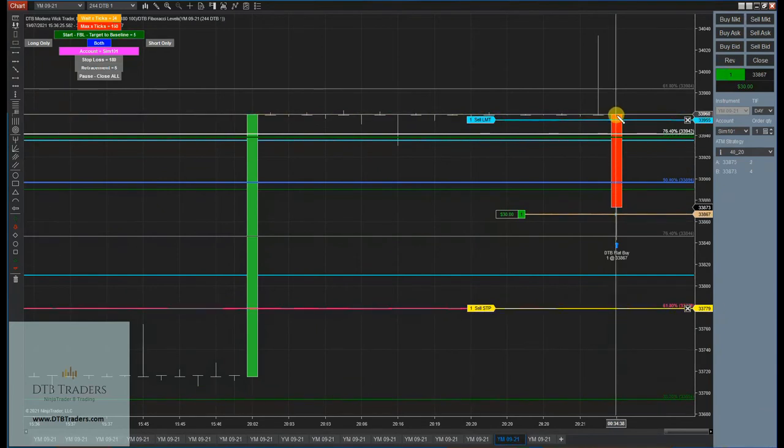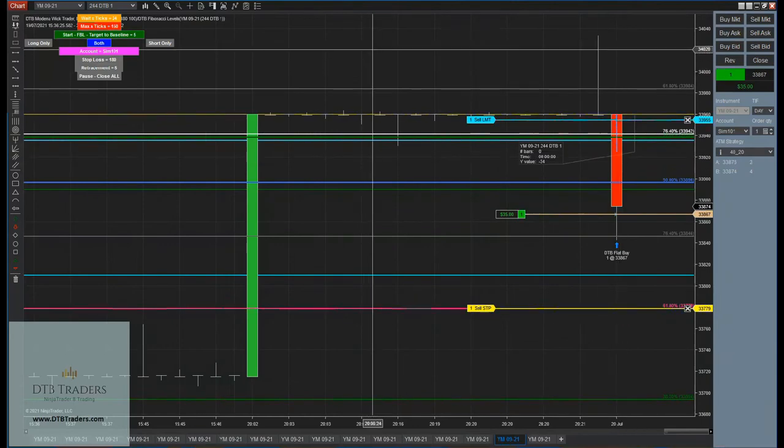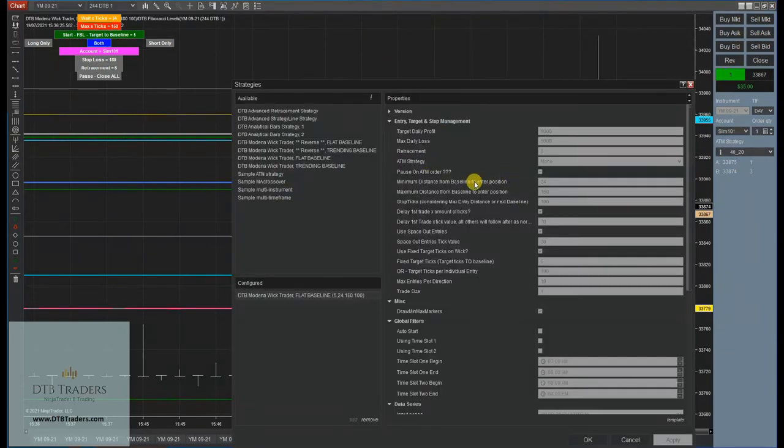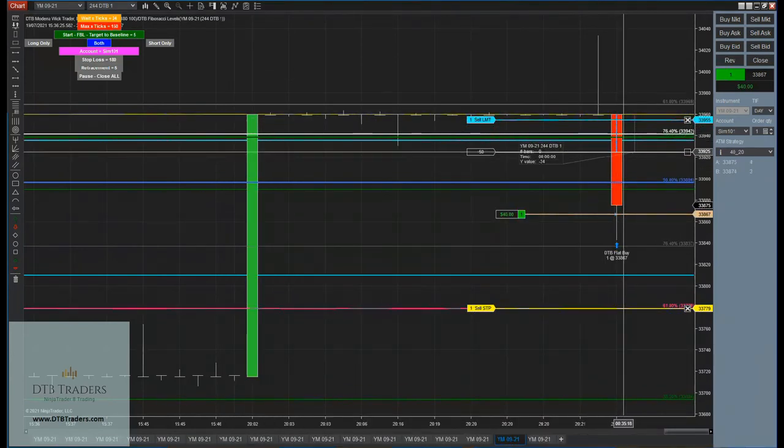We selected 5 ticks from the baseline, but you can say, I want to make sure that there's no major resistance over here if price comes back. So I want to have my target over there. If we work out what that distance is, we're working at 34. So you could have your strategy set to fixed target ticks on wick. You can make that 34. And if you change that value from 5 to 34, this target will basically be moved to over there.